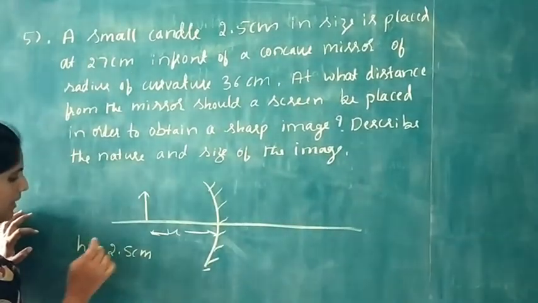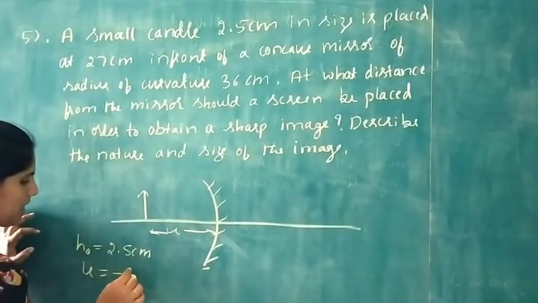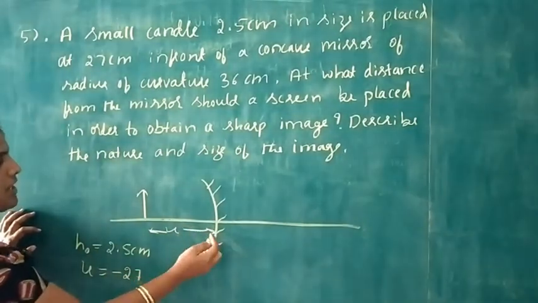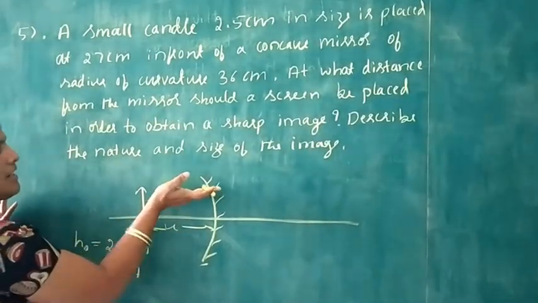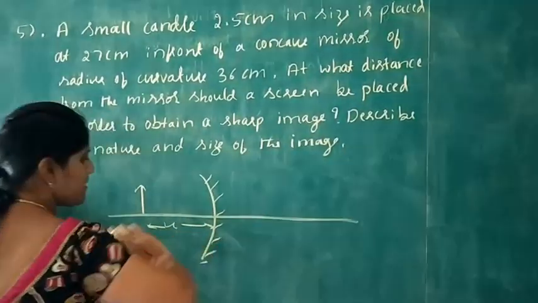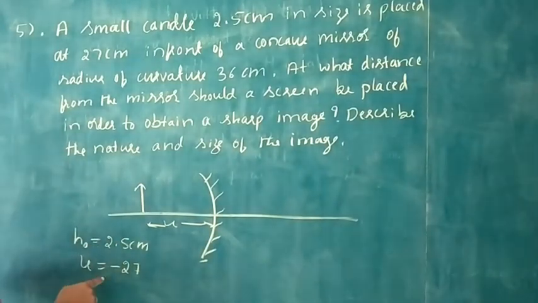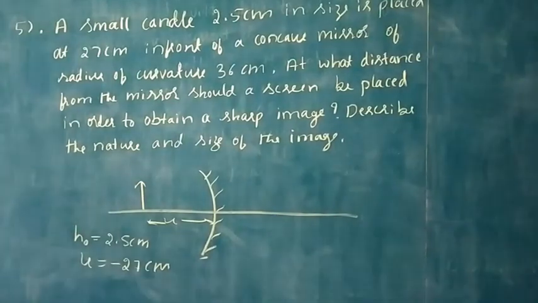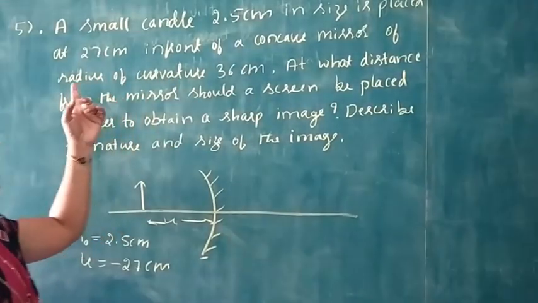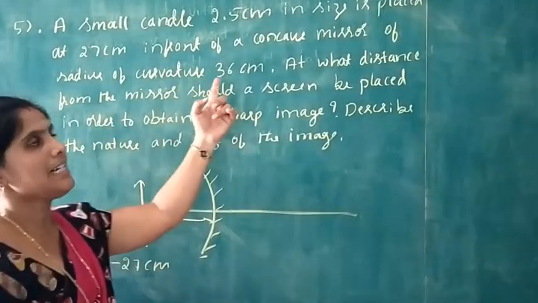But we put a negative sign here because the object distance is measured opposite to the direction of incident ray. This is the direction of incident ray, and we measure the object distance opposite to this direction. Therefore, U is equal to minus 27 centimeter. Okay, in front of a concave mirror of radius of curvature 36 centimeter.